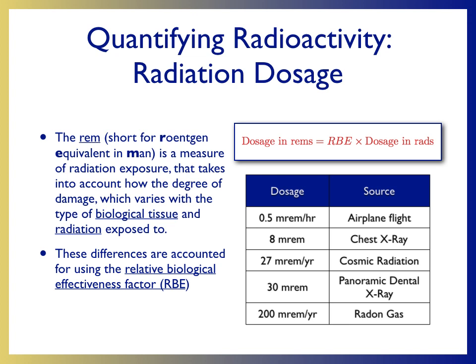And radon gas, which can accumulate in the basements of many homes, especially here in Pittsburgh, can give you about 200 millirems per year. One thing to note is that these are very small amounts of radiation, with the exception of radon gas, which can cause a lot of damage over a longer period of time. For example, a few decades.